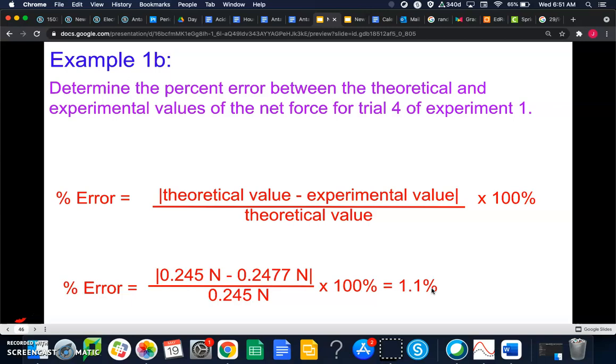And also it's important to note that for our experimental value, we're measuring that based off the acceleration, which we're getting from that motion detector. That motion detector isn't all that great, right? It gets us kind of good data, but it's really tough to actually determine the exact acceleration from that motion detector. It can only do so much.